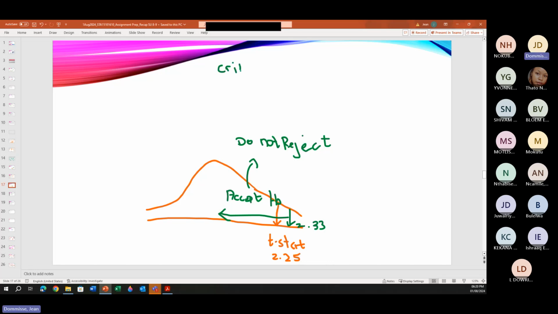If critical value is bigger than your T-stat, you do not reject the null hypothesis.